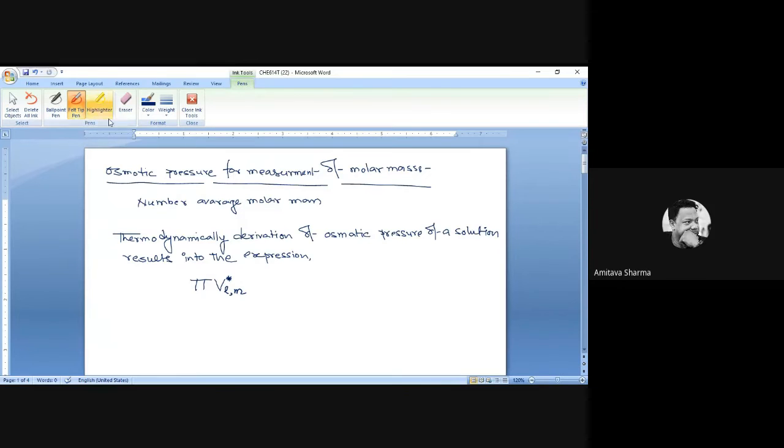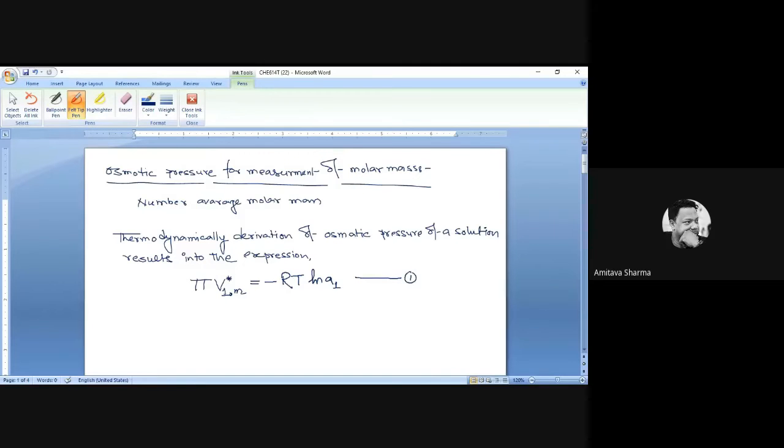It is good if you express the molar volume, so pi V1m star equals minus RT ln A1.